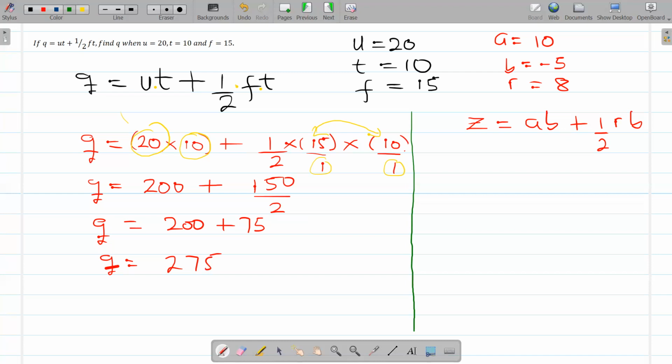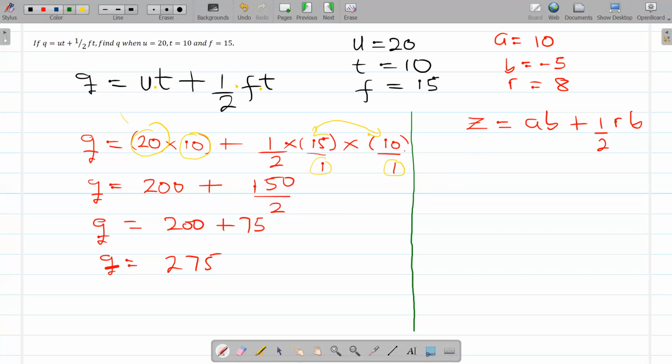It's going to give me 80. Just 40. Minus 50, plus minus 40. I think I'm done.